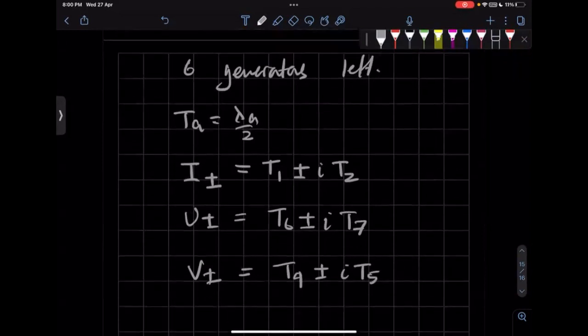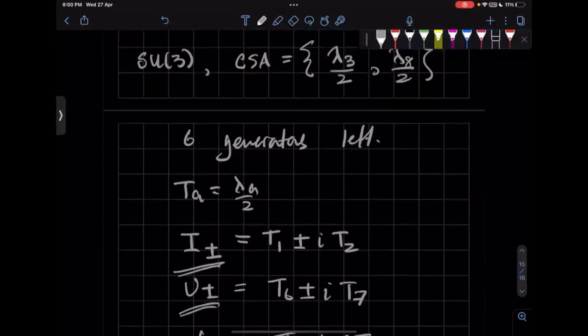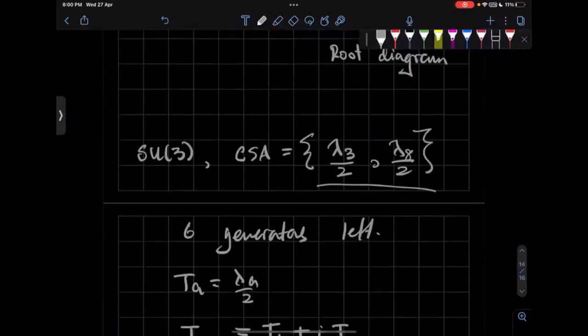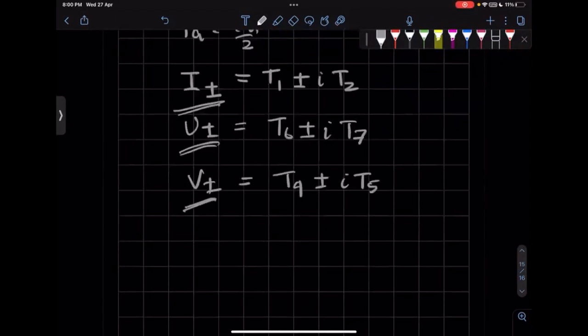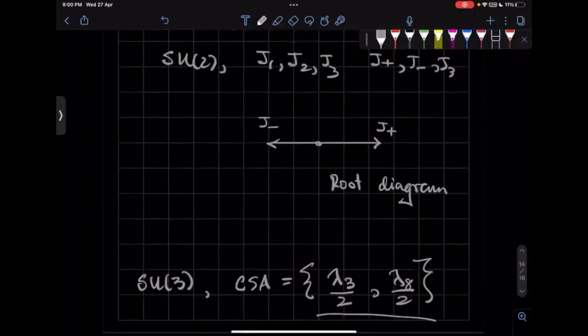Now, if I take these and my Cartan subalgebra, we can associate to each of these a vector, which we call a root vector, analogous to the SU2 case.